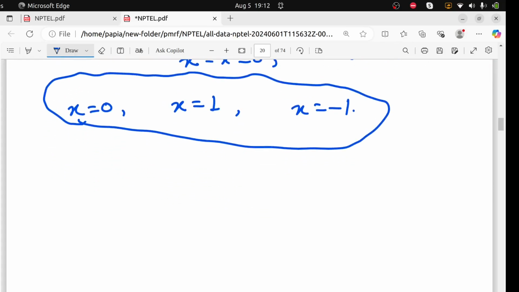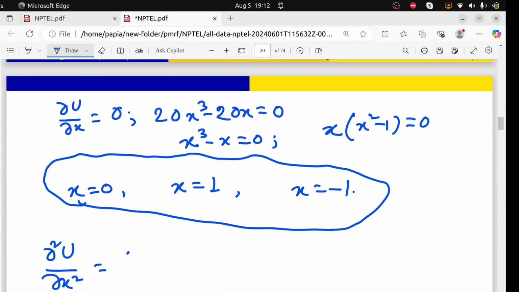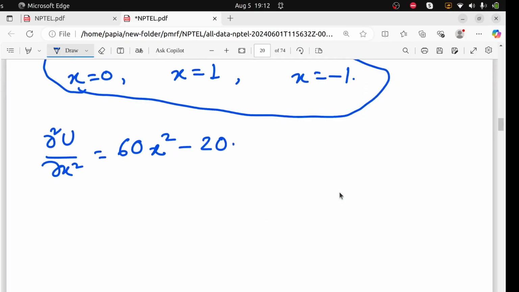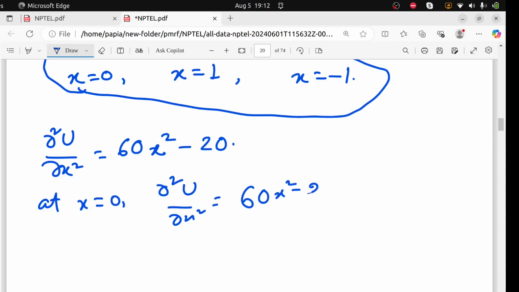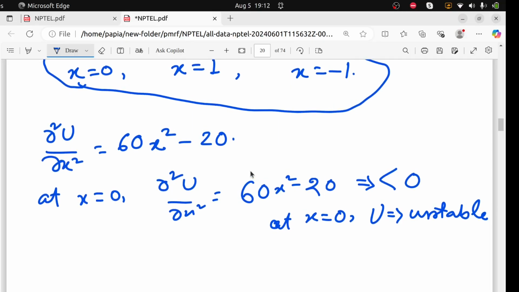Now I will do del 2U del x2. So del 2U del x2 will be what? You can see del 2U del x2 is 60x square minus 20. Now at x equals 0, del 2U del x2 equals 60x square minus 20 is negative. So at x equals 0, U is unstable, as it has a negative value. Now come x equals 1 and x equals minus 1.